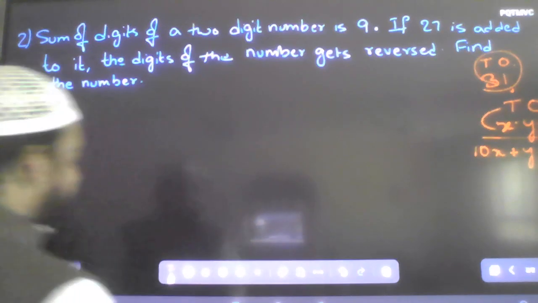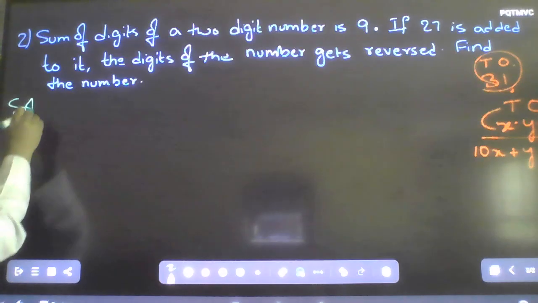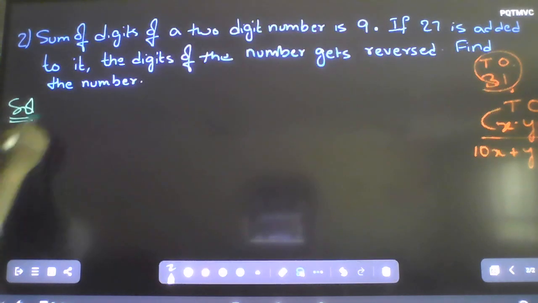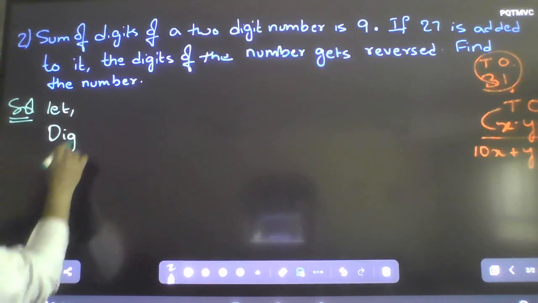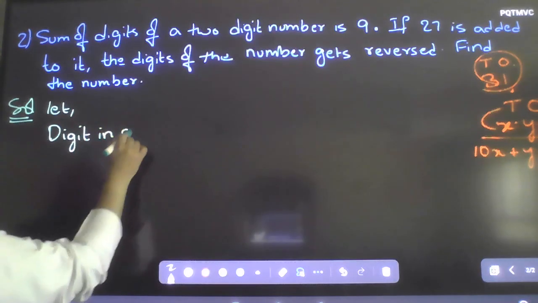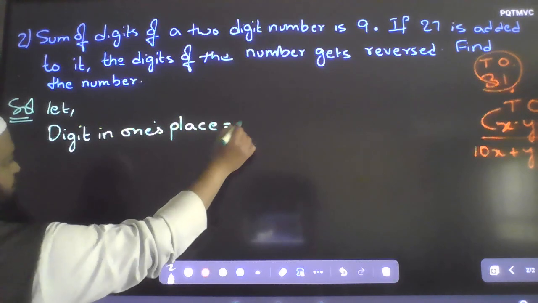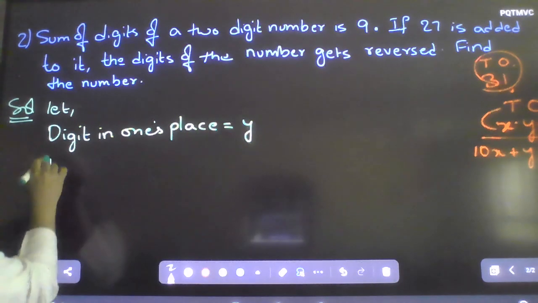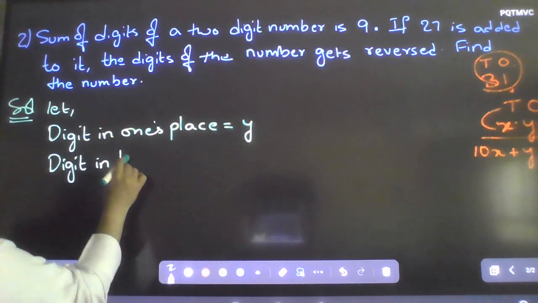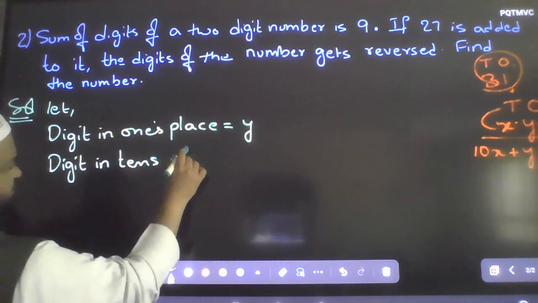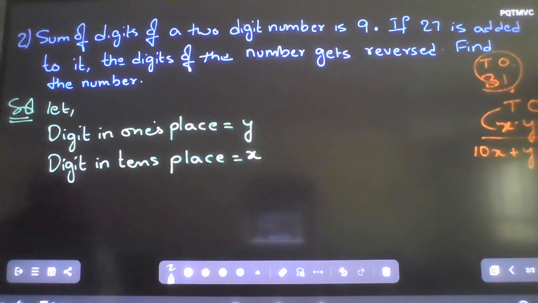So now let us go with this one. Let us say this is the solution. Let the digit in ones place be y, and the digit in tens place be x.